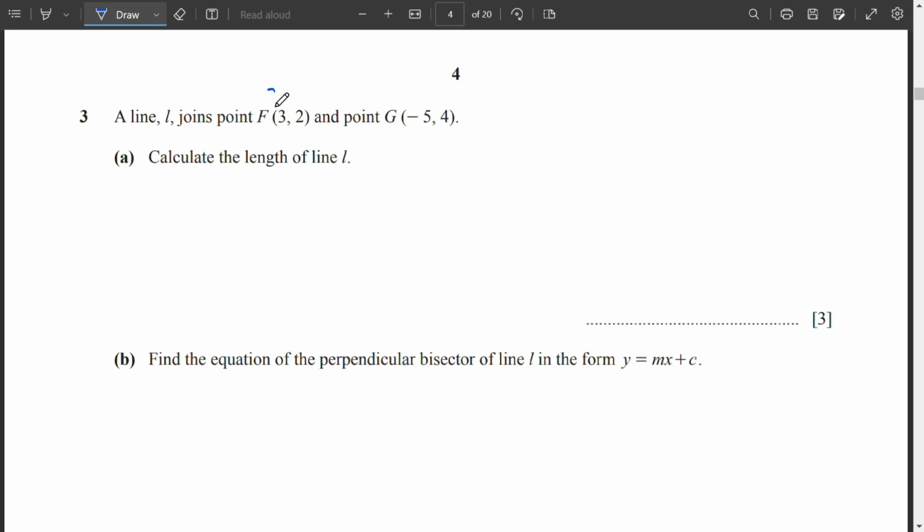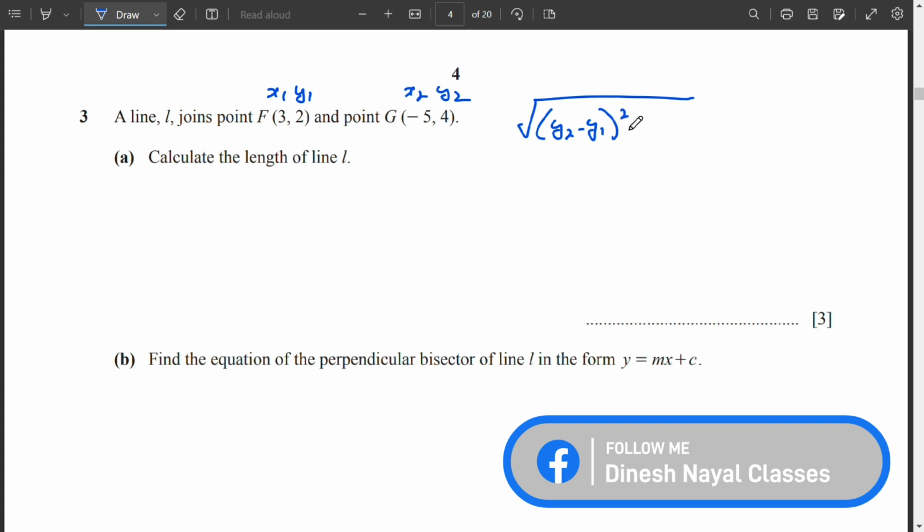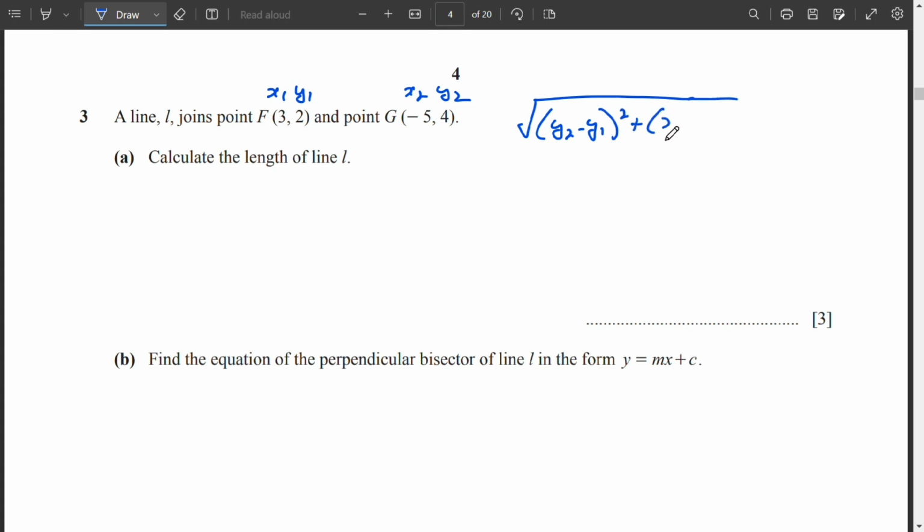Okay, that's easy again. You consider this as x1, y1, and this as x2, y2. We know that the distance formula is the square root of (y2 minus y1) whole squared plus (x2 minus x1) whole squared. Using this formula, y2 over here is 4 minus y1 over here is 2.